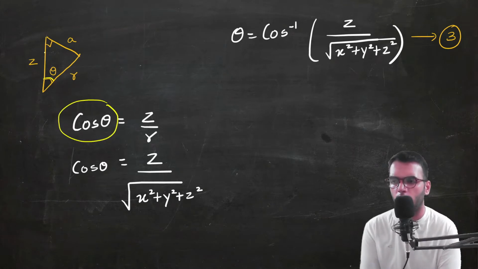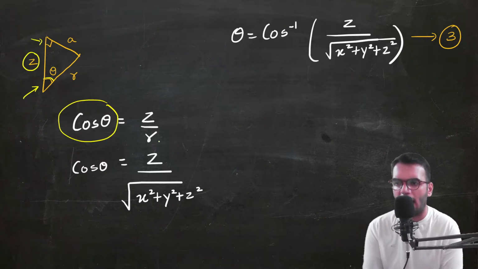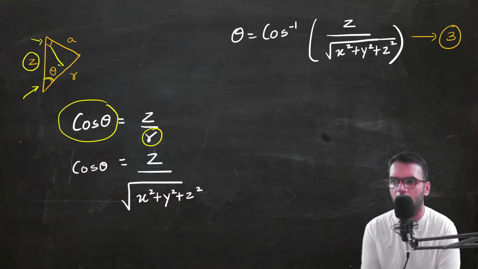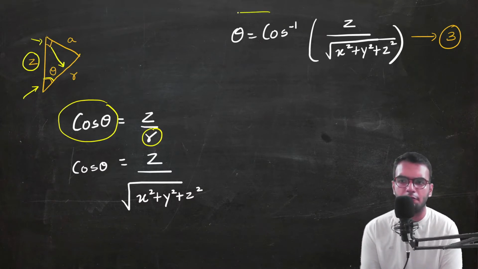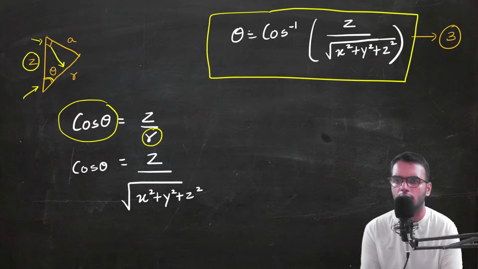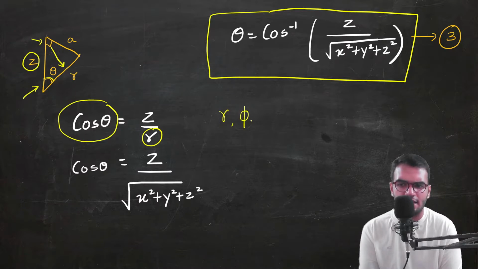Cos of theta is adjacent over hypotenuse. Adjacent is where two angles lie. This is my r. R is the hypotenuse here, opposite to the 90 degree. So basically I get the value of cos of theta, and finally I get the value of theta equal to this. So now I know r, phi, theta in terms of x, y, z.